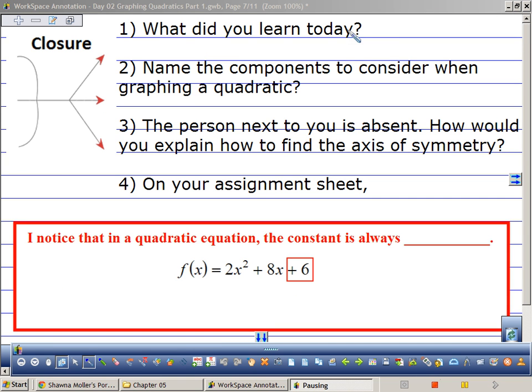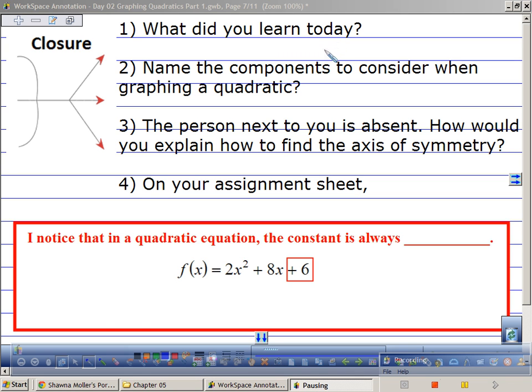All right, so what did you learn today? Graphing quadratics. Name the components to consider when graphing a quadratic. What do you have to consider? Okay, you're looking for your zeros.